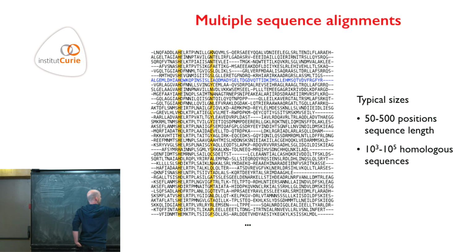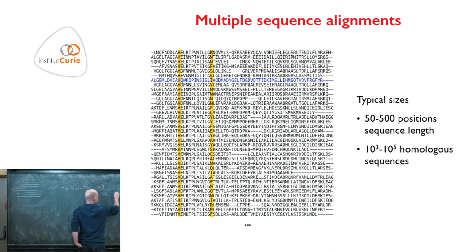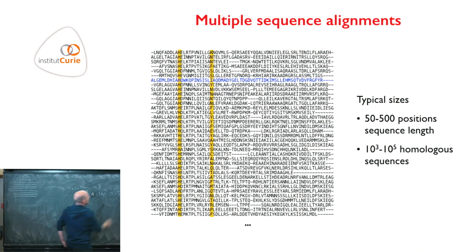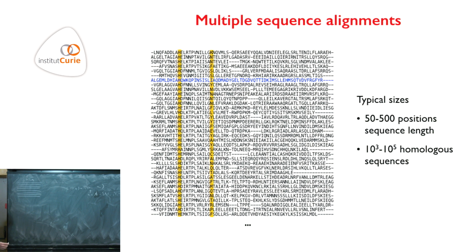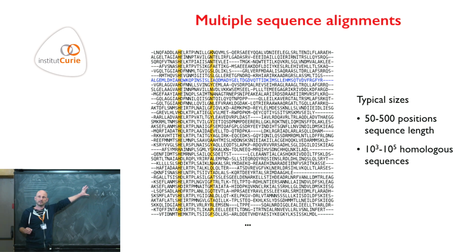So let's call this A, C, and so on, the amino acids. Or, as you can see there, it can be a gap if there is nothing which is alignable, which corresponds typically to a deletion in the sequence. So I would like to write something like this.